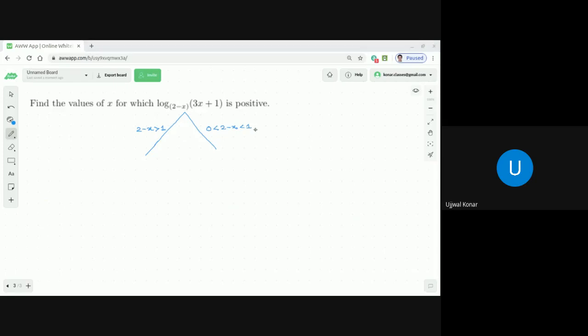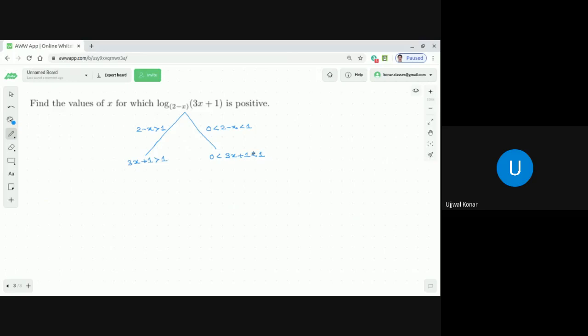If 2 minus x is greater than 1, we can say that 3x plus 1 is greater than 1. And if 0 is less than 2 minus x less than 1, you can also say that 0 is less than 3x plus 1 less than 1.